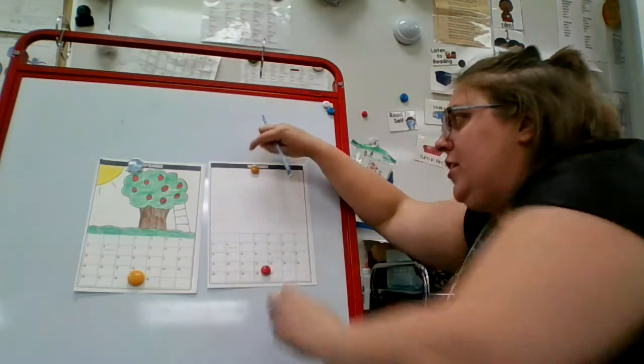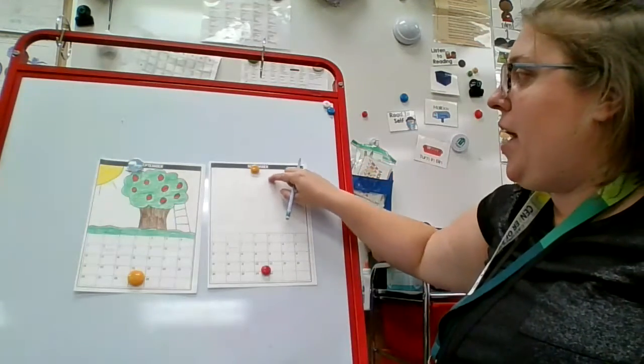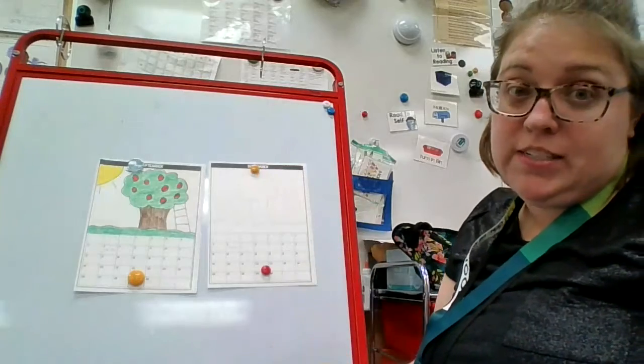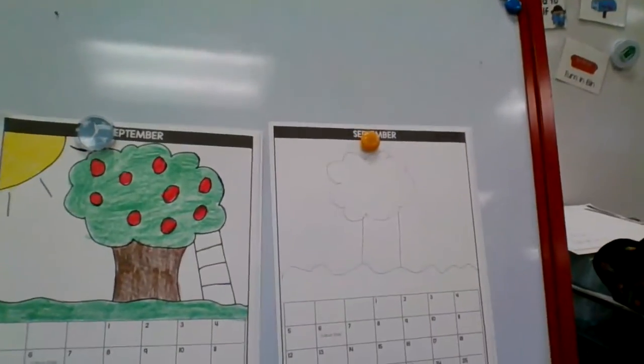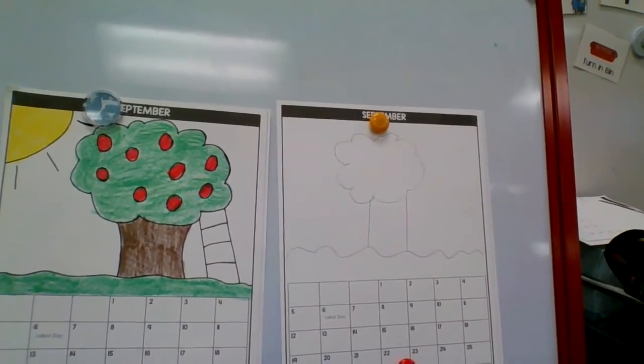Once your tree part is done, the leaves part of it, we're going to draw a ladder. I'll move my computer up so you can see. There's my ladder. So what I did was I drew two kind of diagonal lines, or lines that were a little slanted, but they were straight lines. So think back to when we learned about those straight lines.